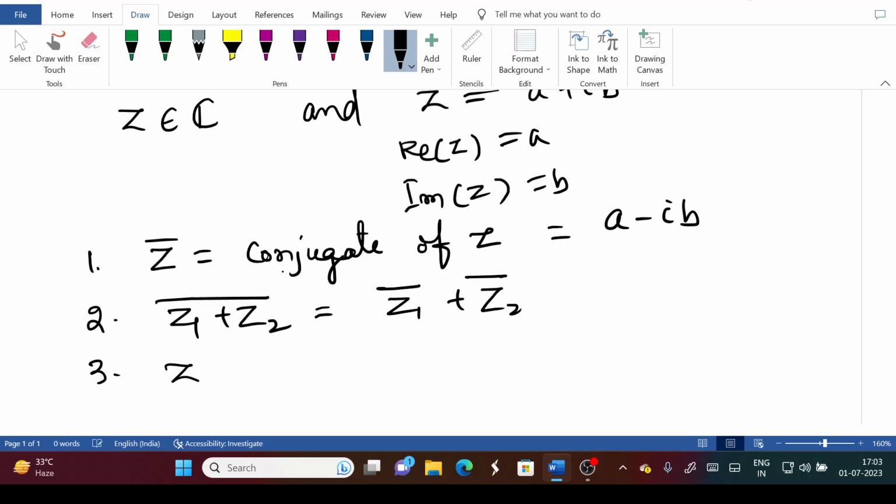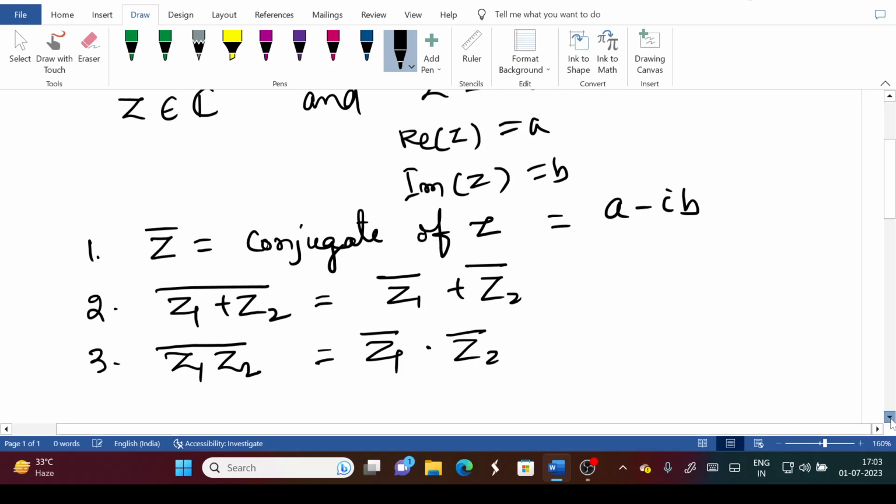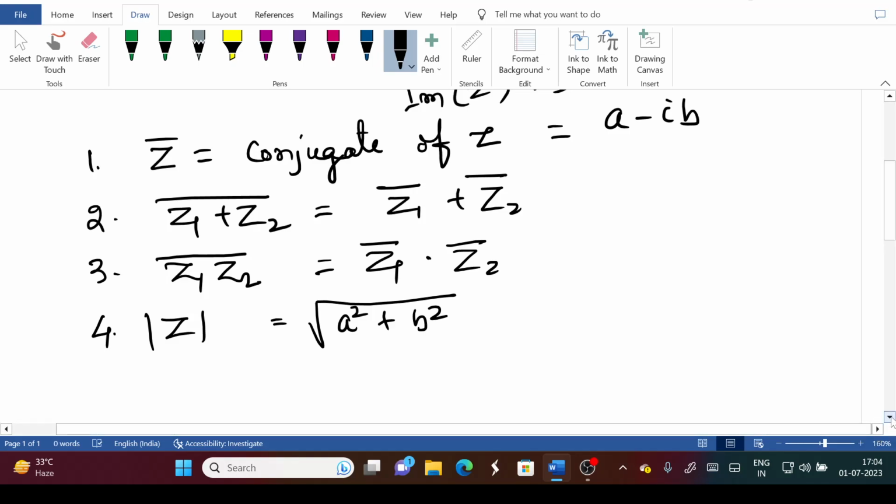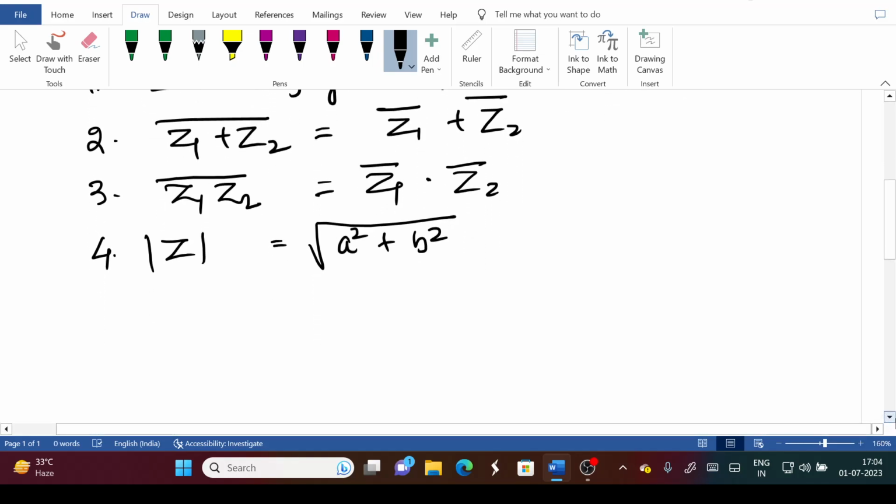Third property, (Z1 into Z2) whole bar is equal to Z1 bar into Z2 bar. These are properties of conjugates. Then what is mod Z? Mod of Z is equal to the square root of A square plus B square. So here A and B are the real and imaginary parts of Z.